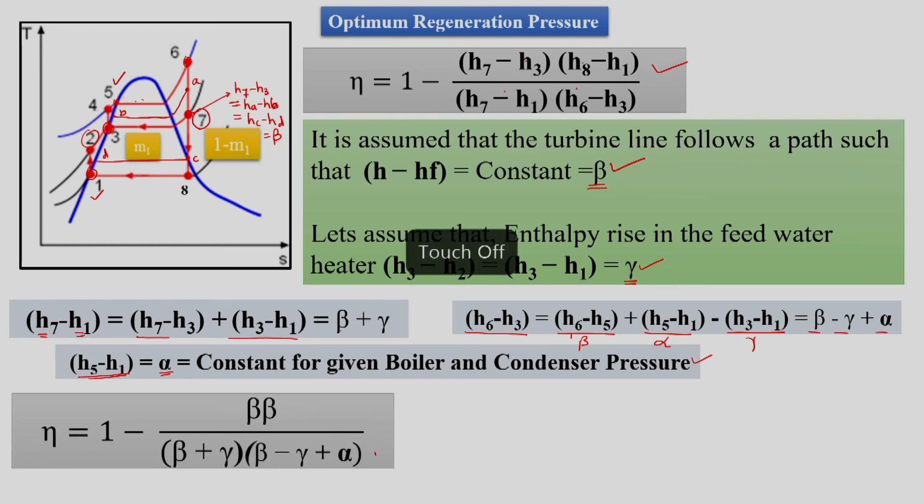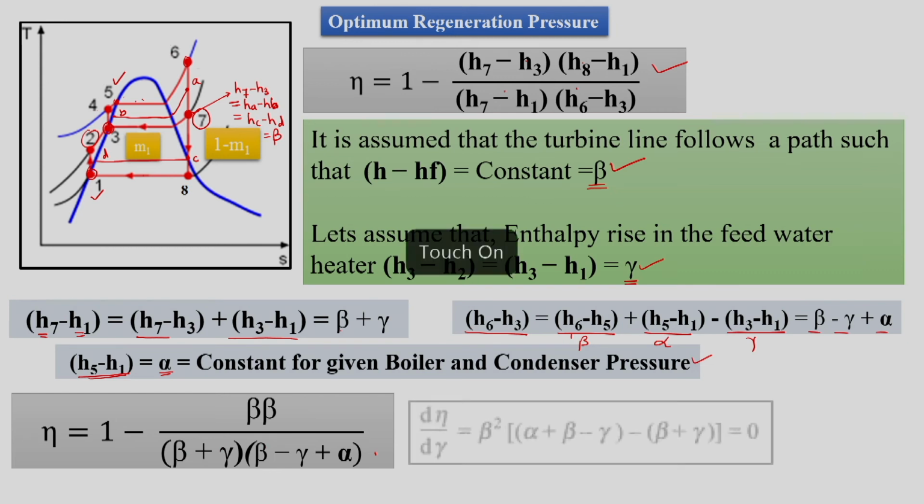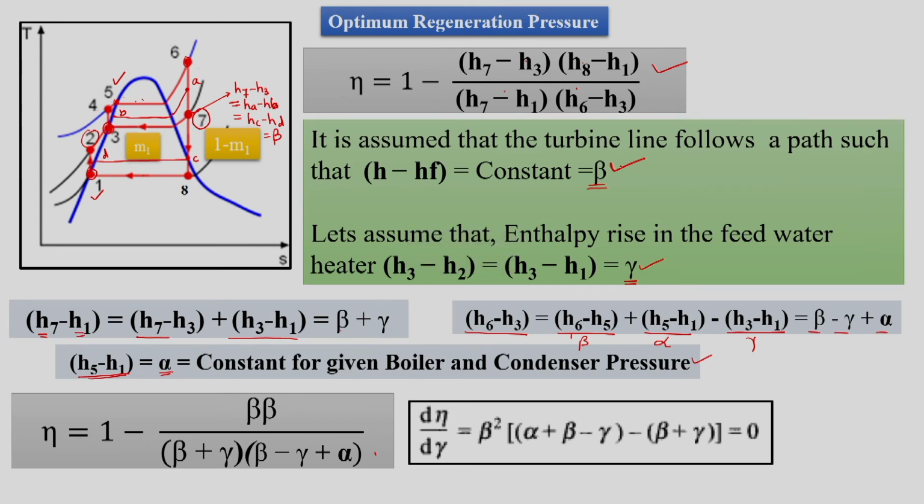Then we can write our efficiency formula as 1 minus beta squared divided by beta plus gamma into beta minus gamma plus alpha. Here beta is a constant and alpha is a constant.